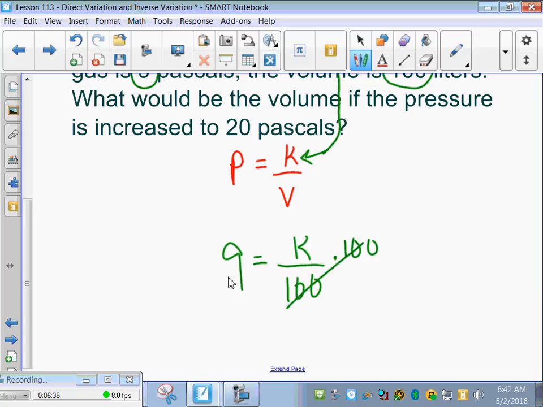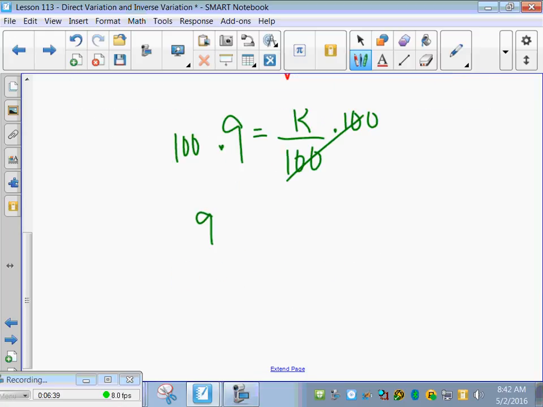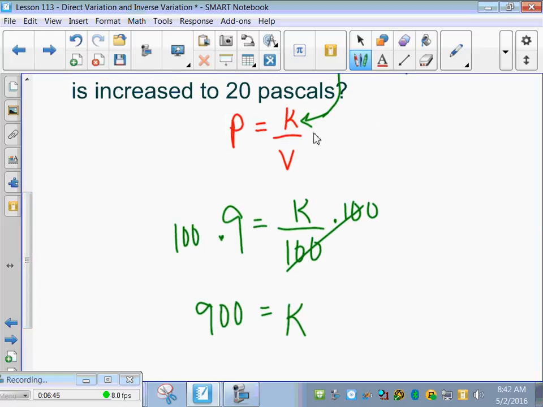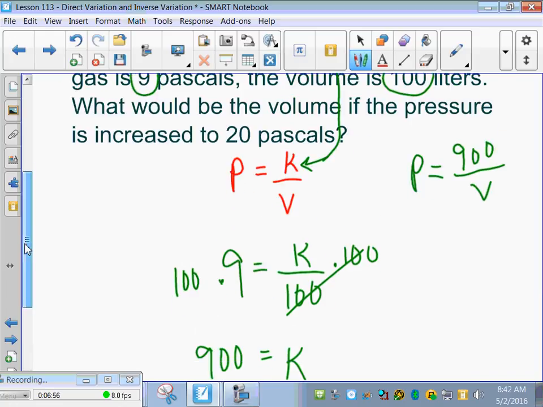This cancels. And multiply by 100. So our constant is 900. Then we always go back to the original equation and plug in K. So pressure is always equal to 900 divided by volume in this problem.